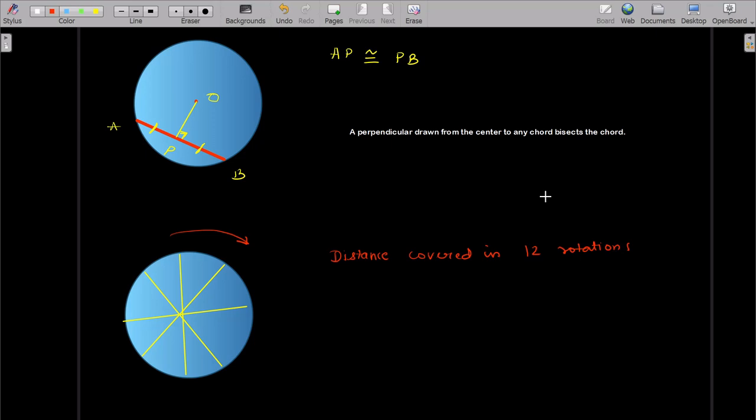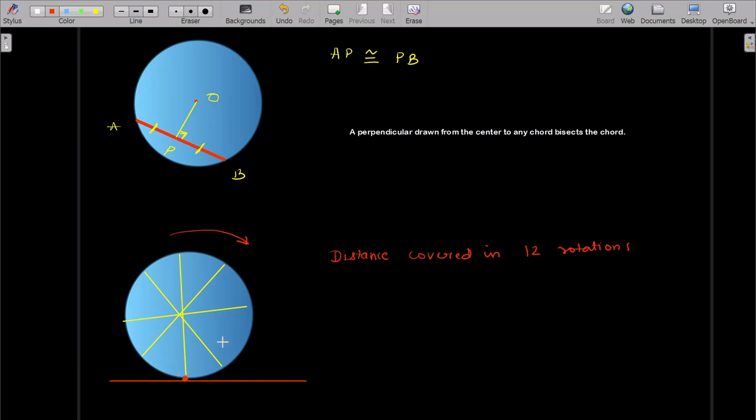Not sure. Okay, let's see. First of all, like if this point is touching the ground, this wheel right now it's not moving, it's static, and this point is touching the ground.